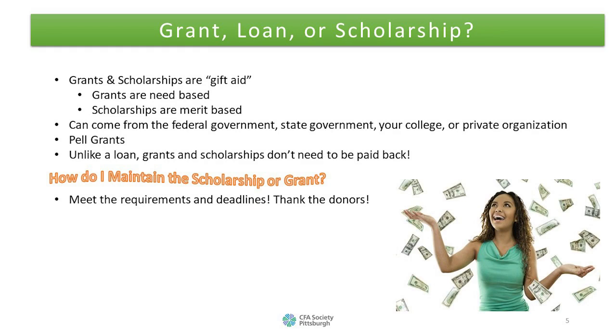Unlike loans, grants and scholarships don't need to be paid back. So, when you finally get a grant or scholarship, you may ask yourself, how can I maintain this? Well, meet the requirements and the deadlines, and among other things, thank the donors that granted you that monetary aid.